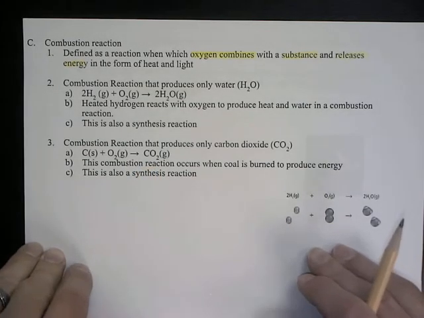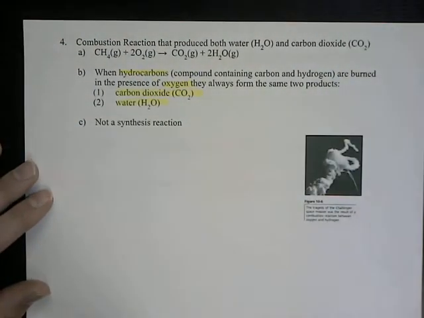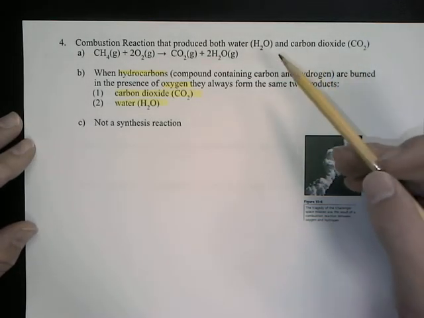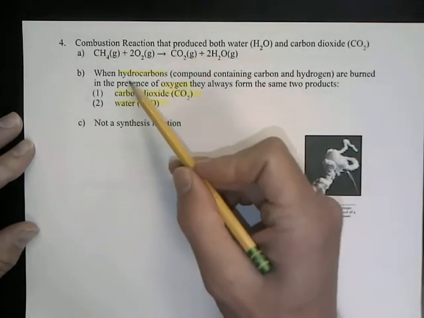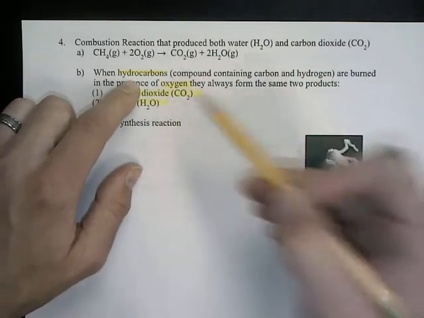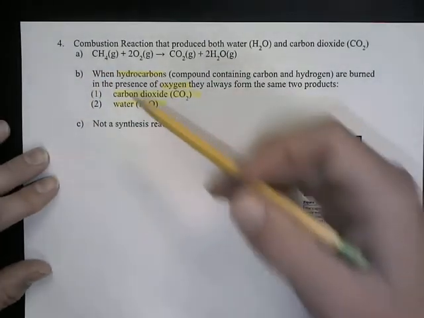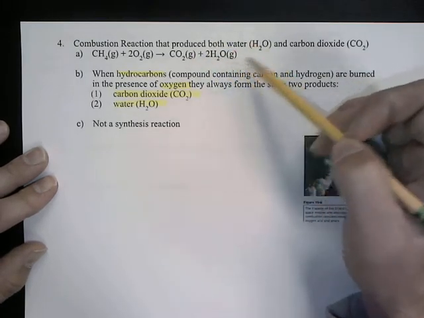However, we can get a little bit more in depth and in detail, and that's when we have a combustion reaction that is going to produce water and carbon dioxide. So when you have a hydrocarbon, a hydrogen and carbon compound, like methane or CH4, combined with oxygen, always, it's going to produce CO2 and H2O.